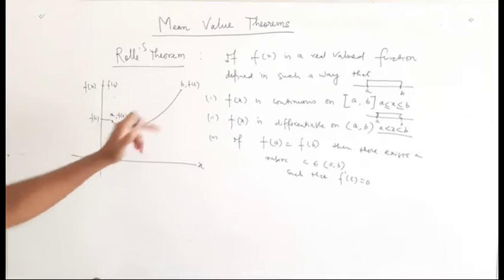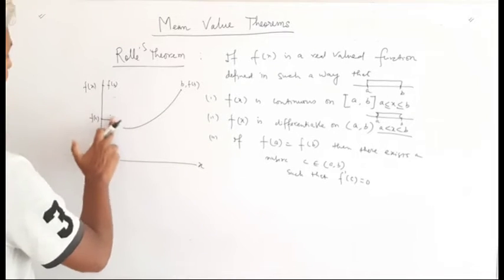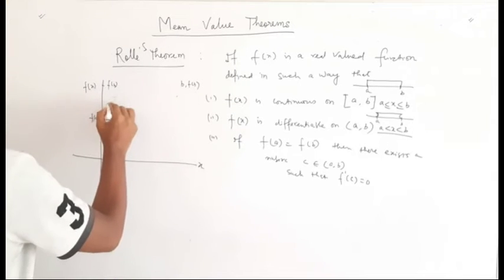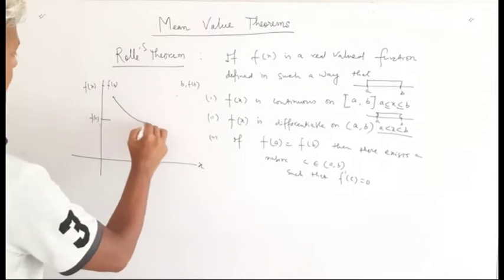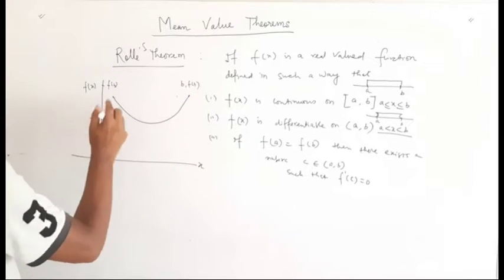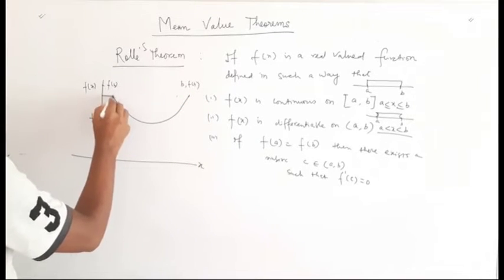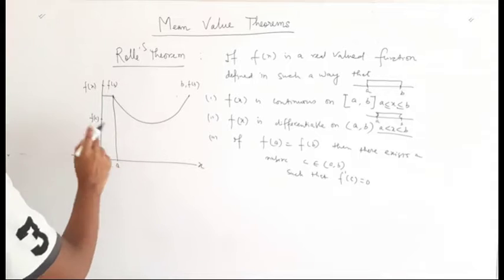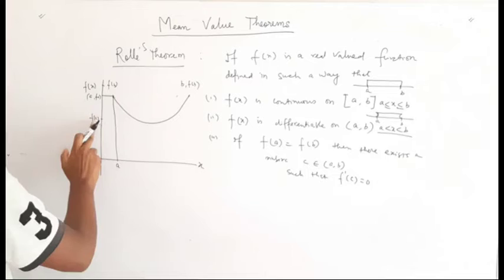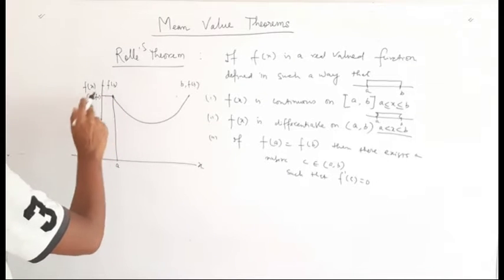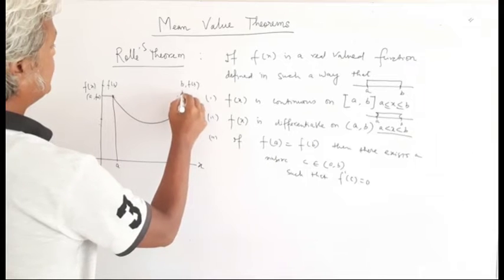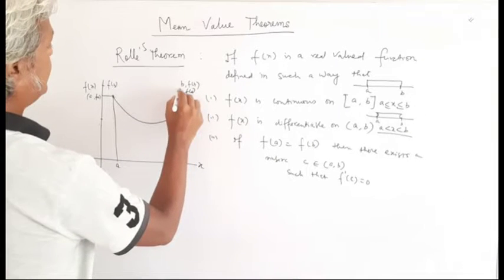It means our graph should not be like that. Our graph should be like that. This point is f(a), and this one I'm writing here is f(b).